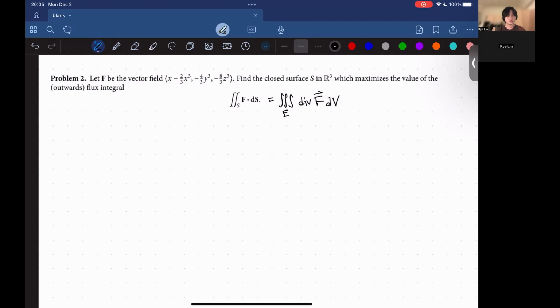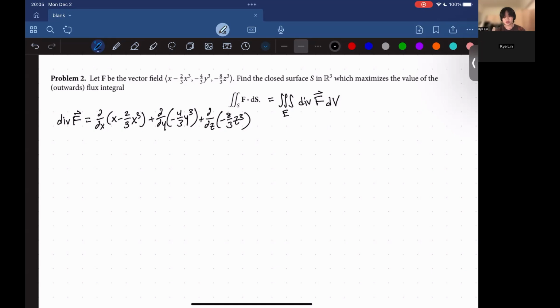We can calculate the divergence of F. It's going to be the partial with respect to x of the first term, plus the partial with respect to y of the second term, and the partial with respect to z of the third term.